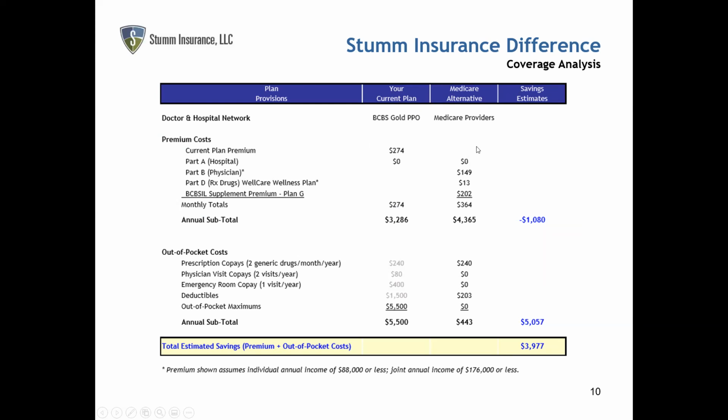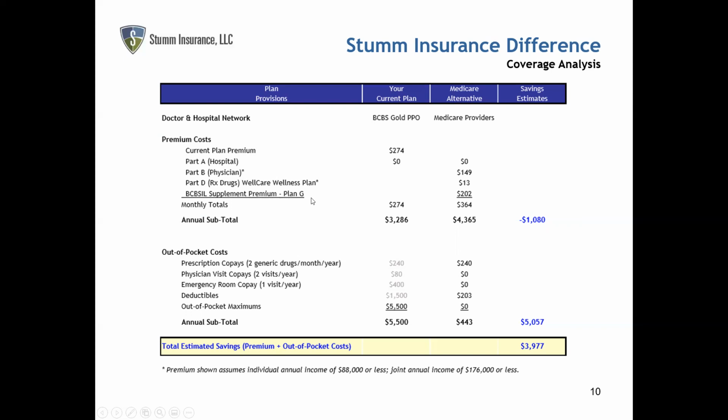On the right-hand side, it shows, all right, well, what if I went on to Medicare? Part A is $0. He's on the base rate for income, so it's $148.50. We talked about his drug plans and found out, oh, this company WellCare has a perfect plan for him. He doesn't take any prescriptions, so we're just going to find a very inexpensive drug plan.